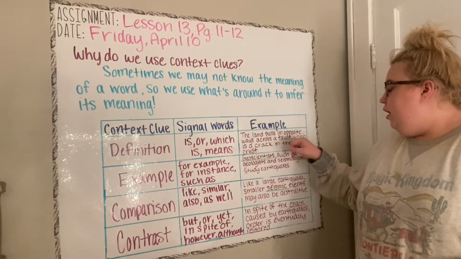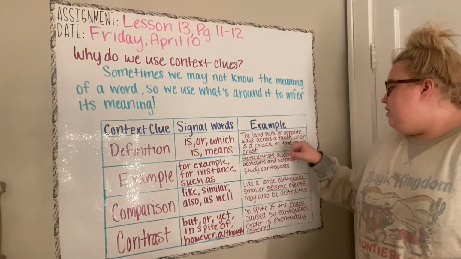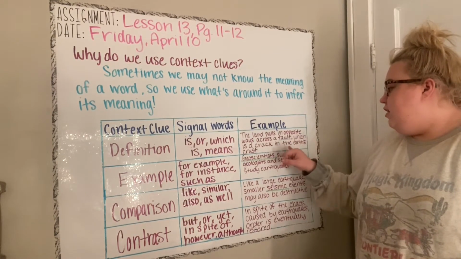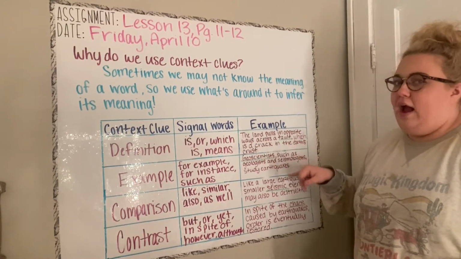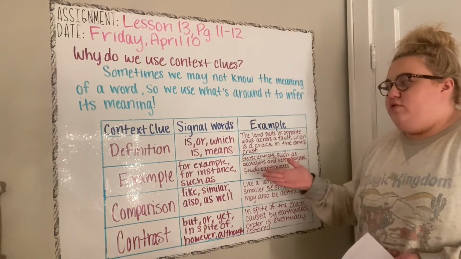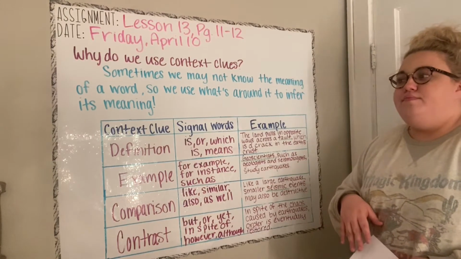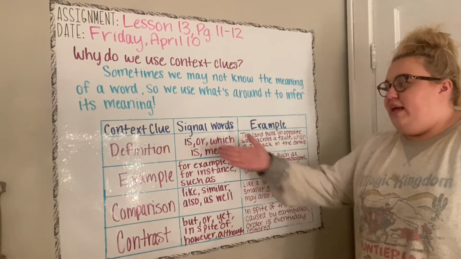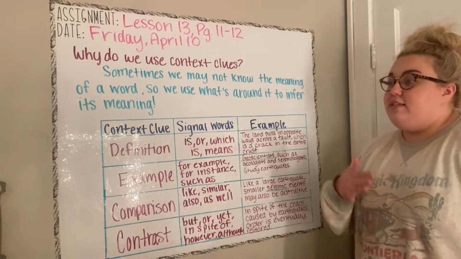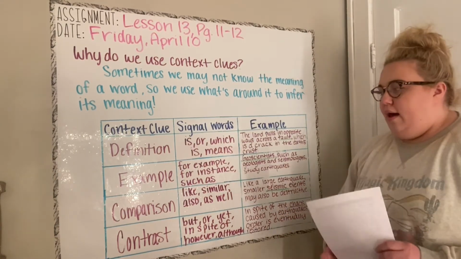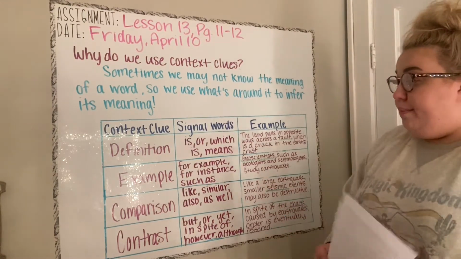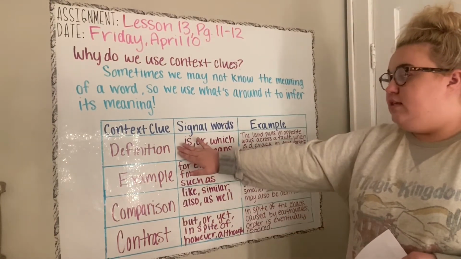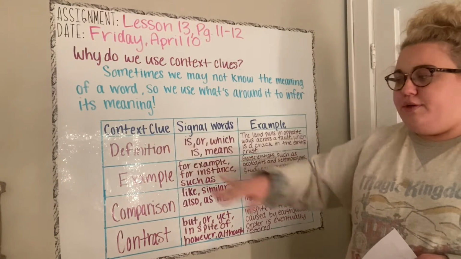The word we're defining there is fault. So it's literally telling us that a fault is a crack in the Earth's crust. This is the most direct way that you can use context clues, because it's literally giving you the definition. It's saying this is what that means. The rest are more indirect, but this one is just giving you the actual definition.